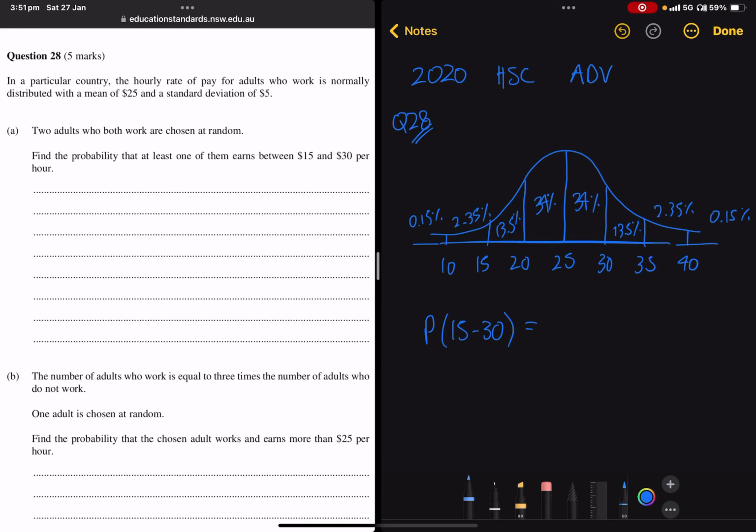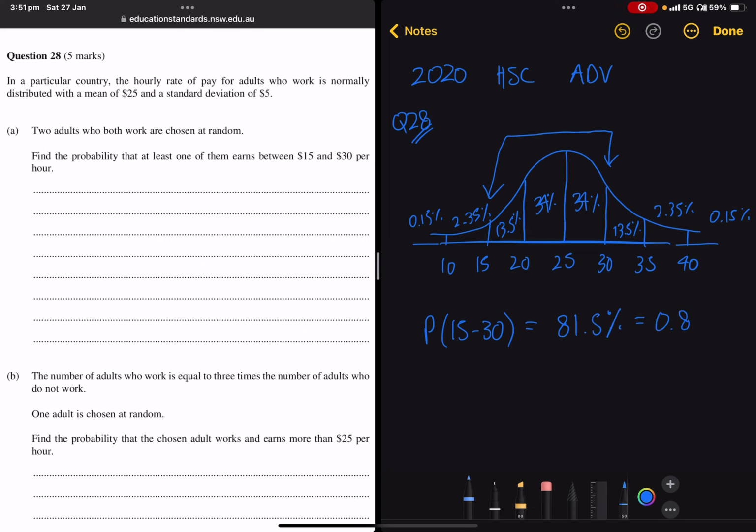From our normal distribution, we can see this is all of this area. So 34 plus 34 plus 13.5, this will be 81.5%. So there's an 81.5% chance a person chosen at random will earn between 15 and 30.